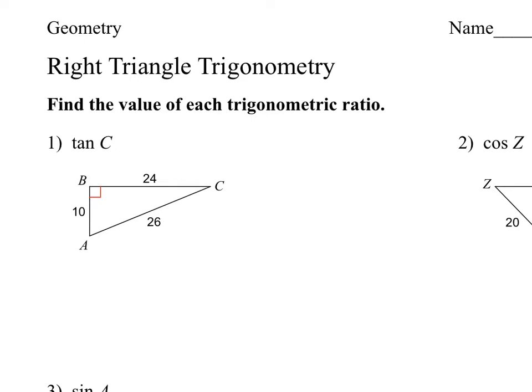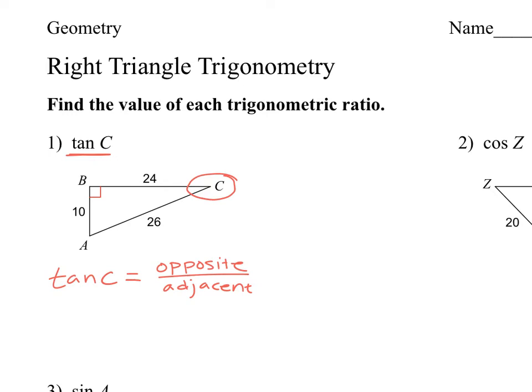So how can we use this to help us? Well, for now, let's just focus on finding these ratios. This problem asks us to find tangent of C. I'm going to go ahead and circle my reference angle. There's my reference angle C. I know that tangent is equal to the opposite side over the adjacent side, so I need to figure out what that is.